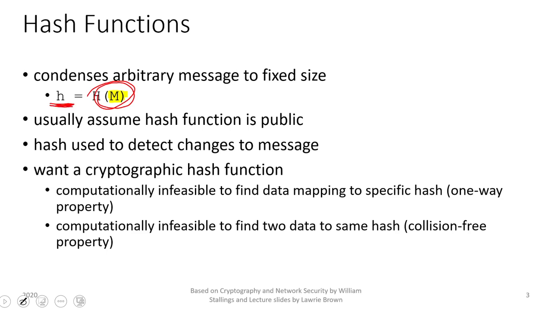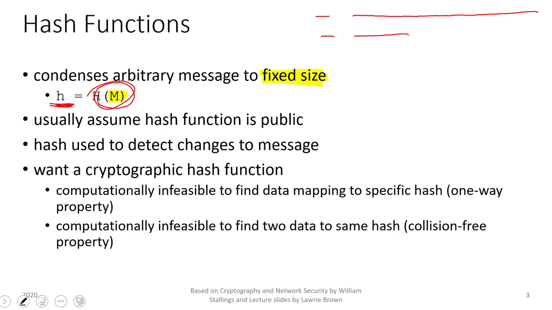If we have a very long message and a short message, both of them would have the same length of hash. So the main thing that we get from a hash function is a fixed size output.